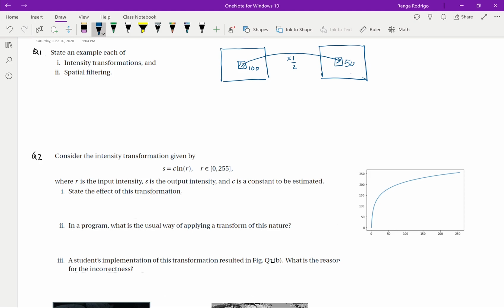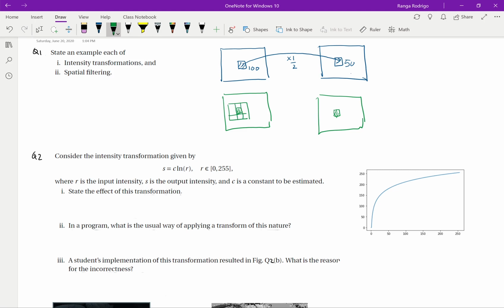Spatial transformations are different. In spatial transformations, you have the output image, and if you want to compute the value of a pixel in the output image, you not only consider the corresponding value of the pixel in the input image, but also a neighborhood of that.